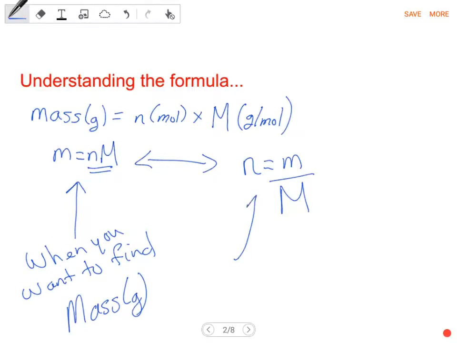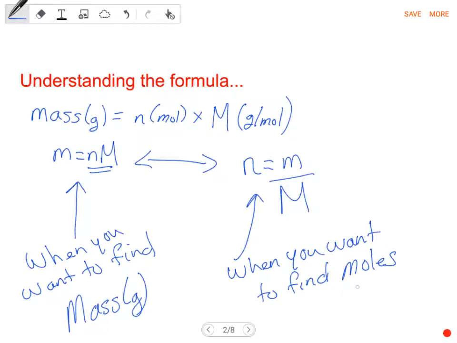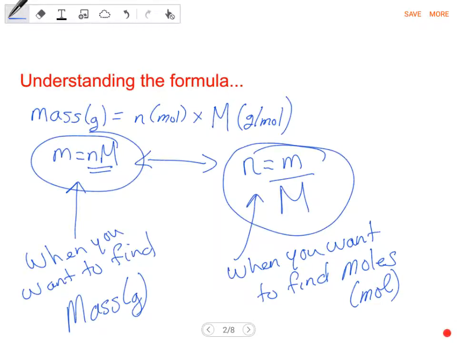When would you use this? When you want to find moles. These are two versions of the formula, and you're going to use one or the other based on the question in front of you. You will notice that in both of them, molar mass is there. It may be given for you, it may not.